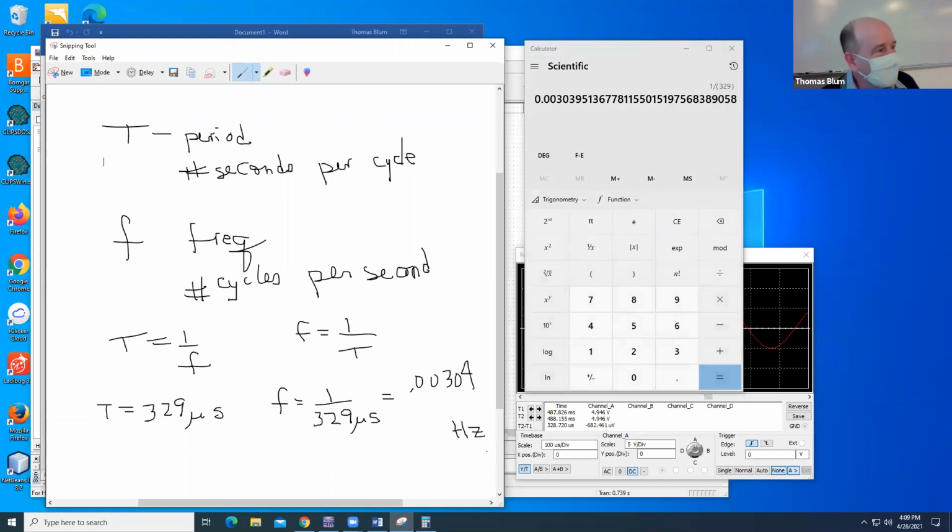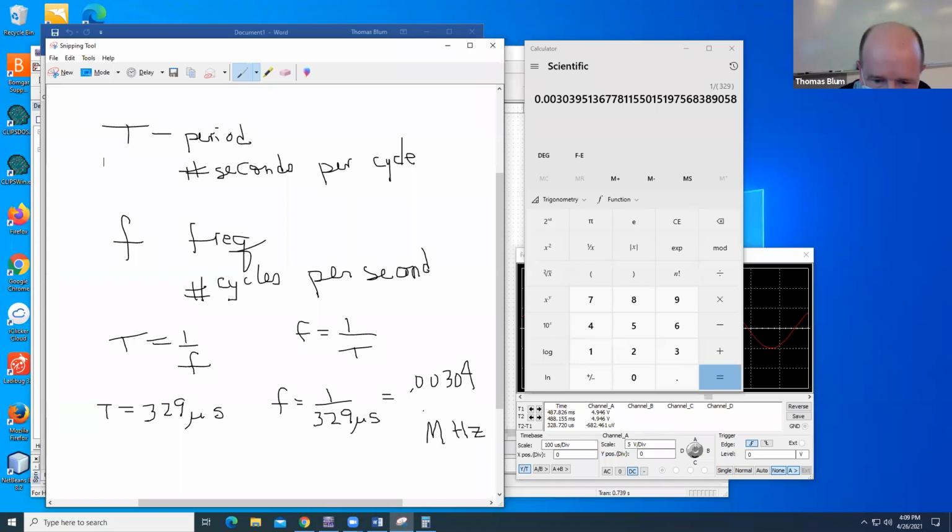But I don't have a second, I have a microsecond in the denominator. So I have 10 to the minus 6 in the denominator, so I have 10 to the 6 in the numerator. If I divide by something small, I get something very big. And so I have megahertz.